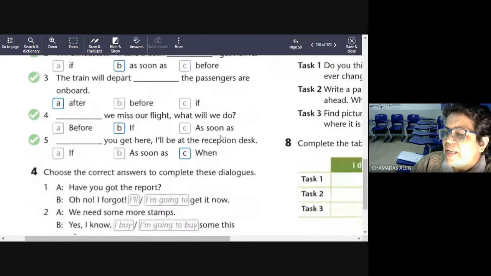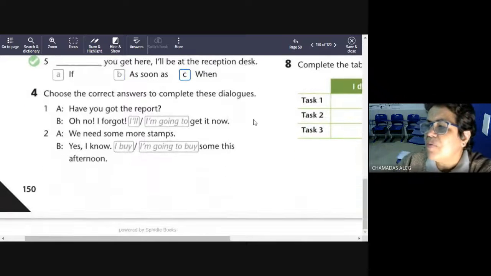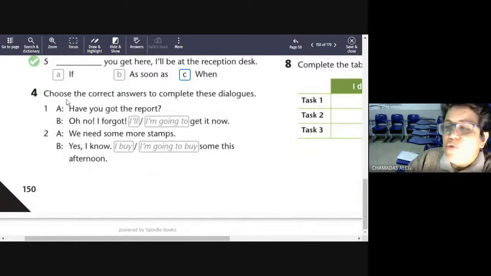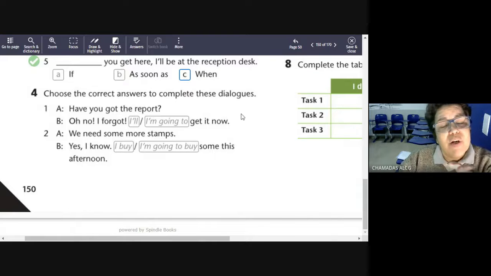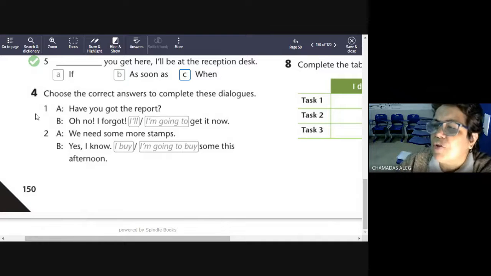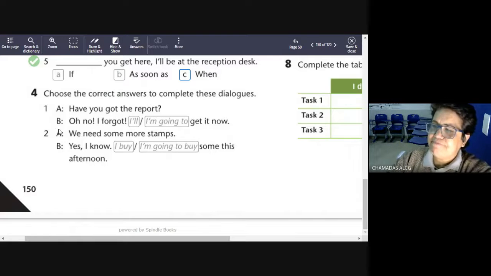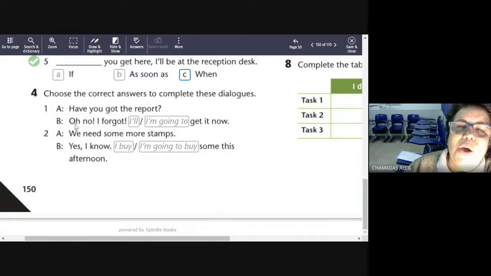All right. Now let's go to number 4. Choose the correct answers to complete these dialogues. So now we are going to see the contrast between will and going to. All right. When do we use them? Let's see the first one. Have you got the report? Oh no, I forgot.